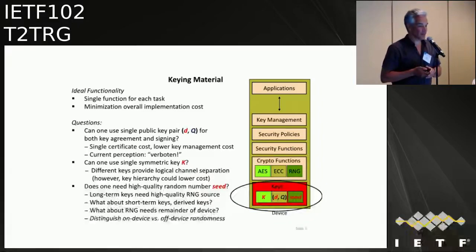So first, I had a capital K, which is symmetric keys. Then I have key pairs for a public key and a seed for a random number generator. So if you look at the IETF right now, you see that keys cannot necessarily be reused for, let's say, doing ECDH, the Diffie-Hellman key agreement, and for doing signatures.